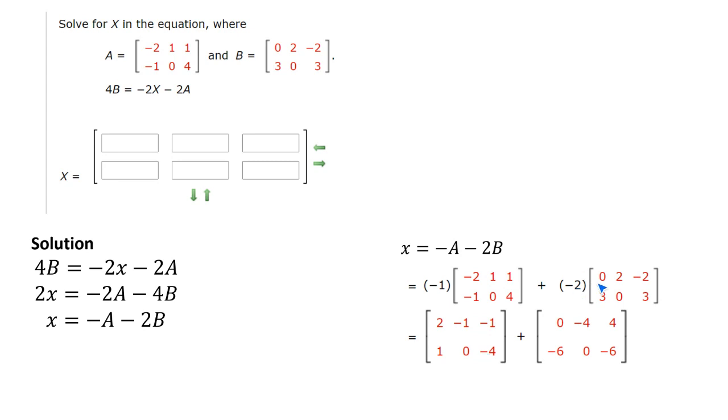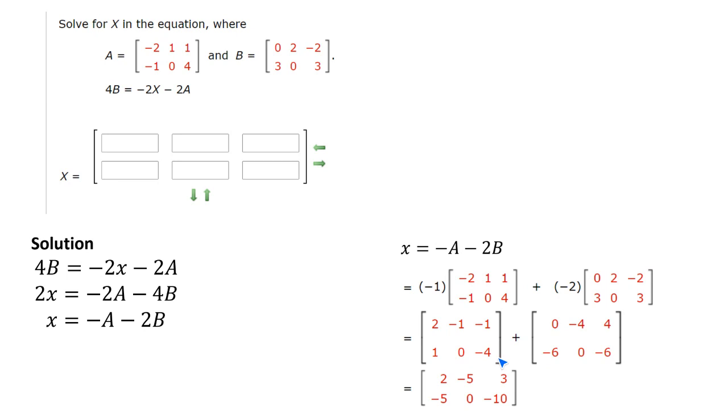And if we multiply -2 in here, we get 0, -4, 4, -6, 0, and -6. So we can add them. 2 plus 0 is 2, -1 plus -4 is -5, and -1 plus 4 is 3, -6 plus 1 is -5, 0 plus 0 is 0, and -4 and -6 is -10.